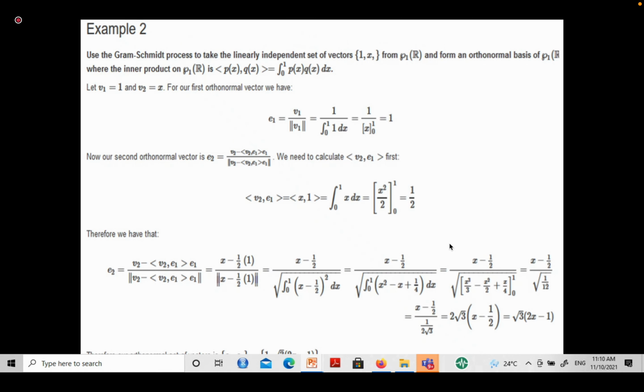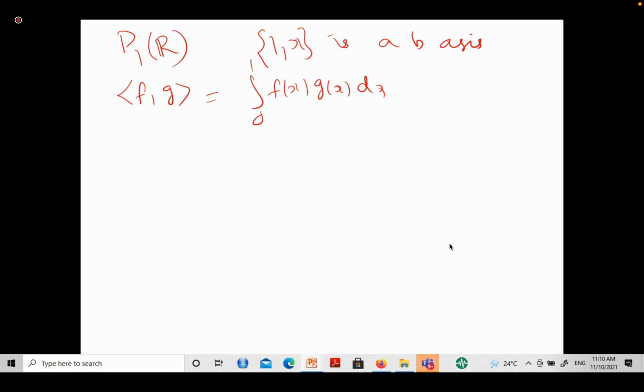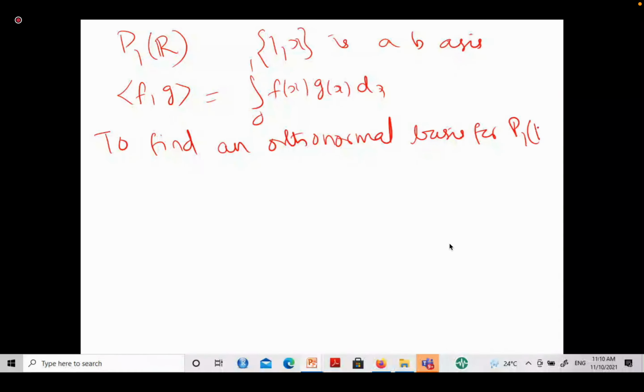So here they have taken p of x q of x. We have to convert this into an orthonormal basis. So the question is to find an orthonormal basis for P1 of R under the above defined inner product.